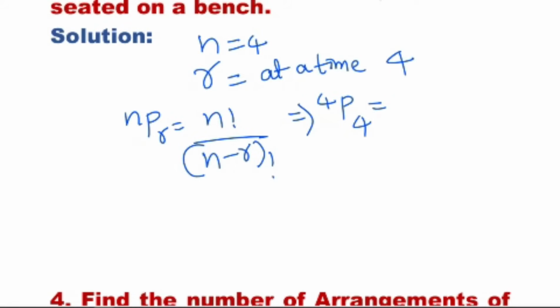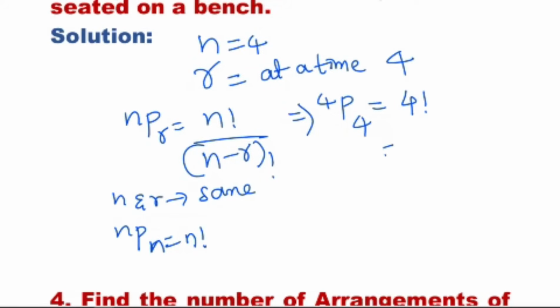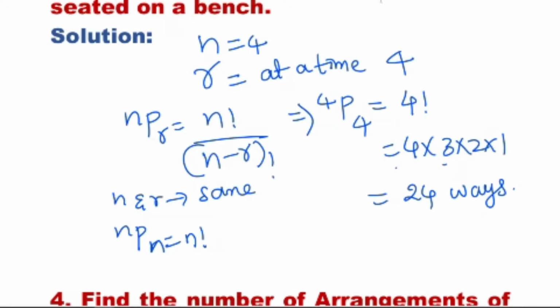We have another formula we can use also: if n and r are the same, we get the formula nPn equals n factorial. So here 4P4 will be 4 factorial. That will be nothing but 4 into 3 into 2 into 1. So 4 threes are 12, 12 twos are 24. So we can make the boys sit in 24 different ways.